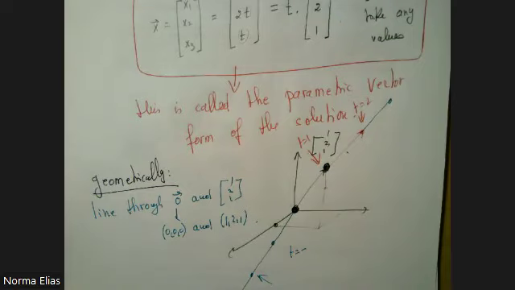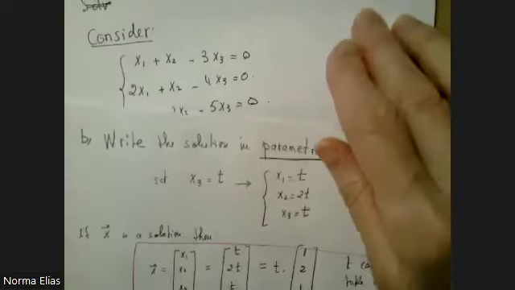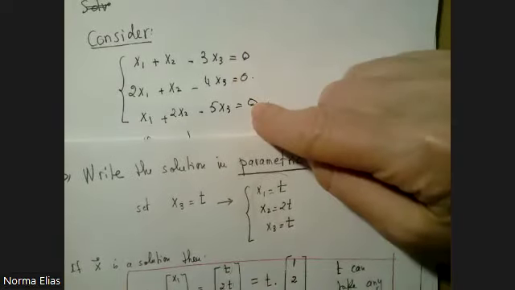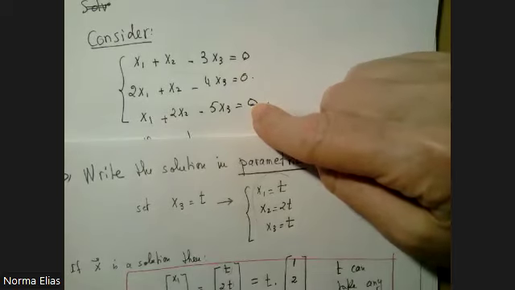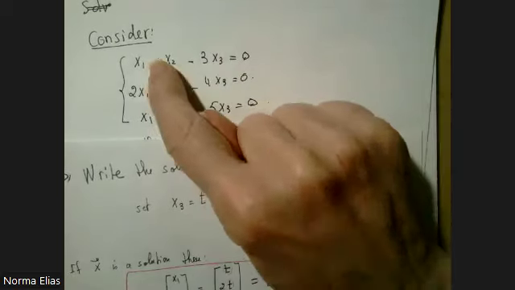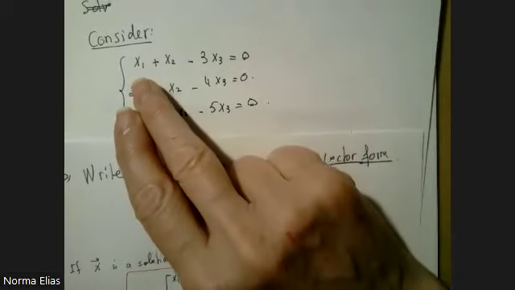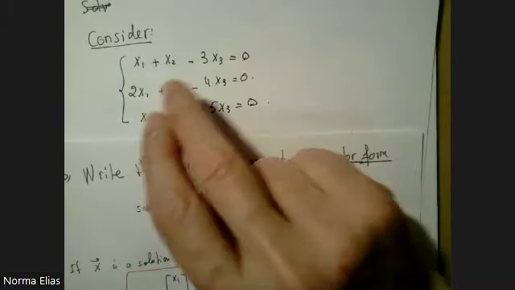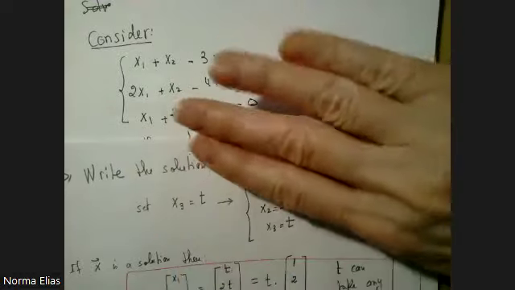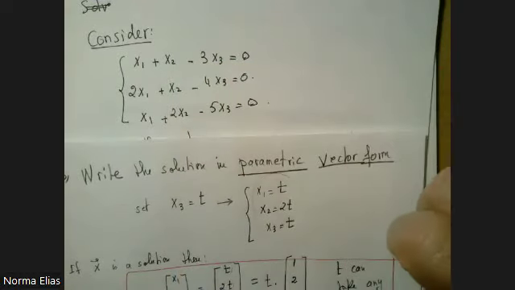Does it make sense to you? Yes, because initially what were we solving? We were solving the system of 3 equations in 3 unknowns. Geometrically, for those who had calculus 3, every equation is a plane. So what we are really finding is the intersection of those 3 planes.